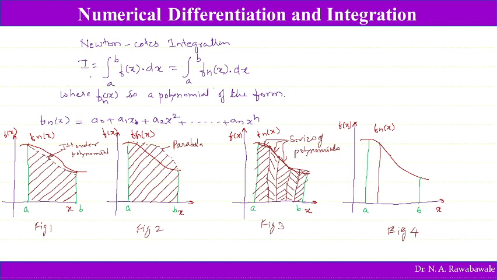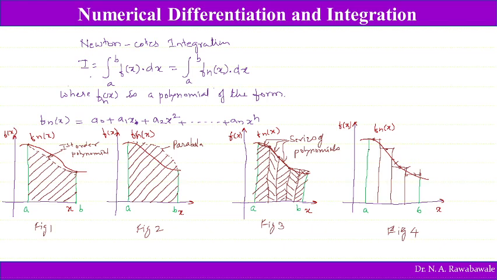These lines are inclined lines, but here what we do, you see, this is taken here, first strip, then this is taken approximately at the center, then second strip, then this is taken up to here, then third strip, then this is taken up to here, and approximately this at the center. So here this area is excluded, this extra area is included.